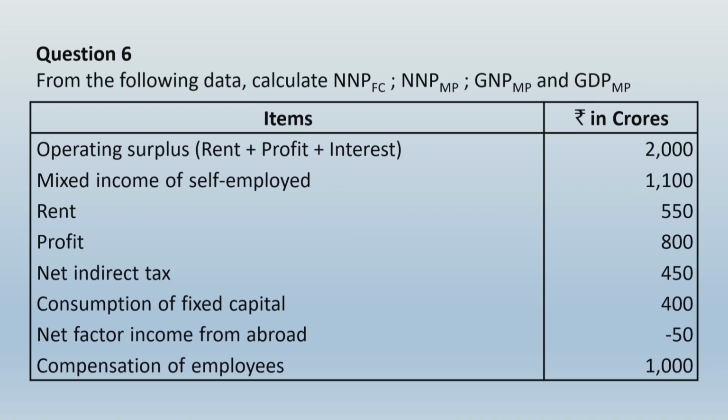These 4 things they have demanded, and the information you have is in the form of operating surplus, mixed income of self-employed, rent, profit, net indirect tax, consumption of fixed capital, net factor income from abroad which is given as a negative value, and compensation of employees.